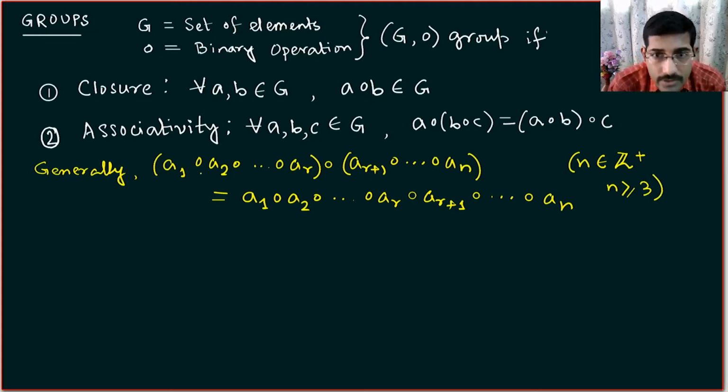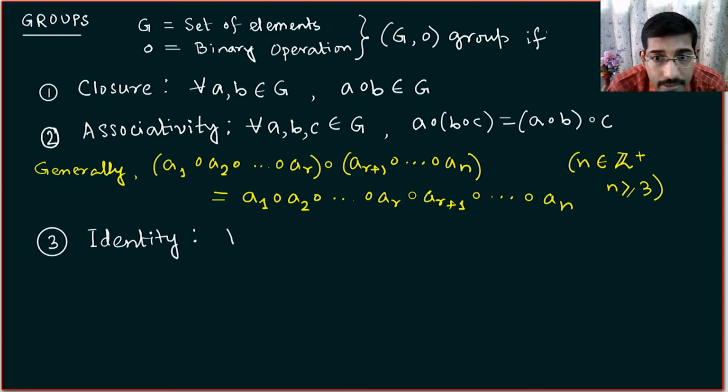This is the general rule of associativity, which says that you can put the brackets and do the operations in any order. The third principle of having something as a group is the existence of an identity element. So what is an identity element?